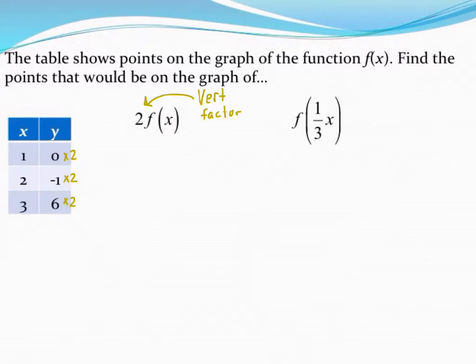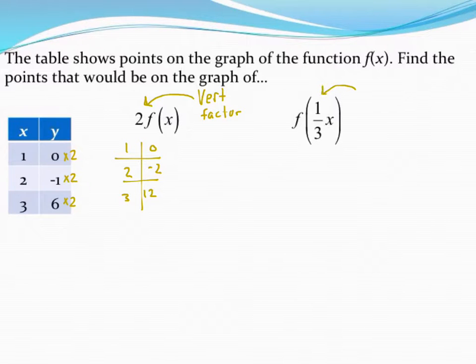So if I made my new table, my x values will remain unchanged, so 1, 2, and 3, but my y values have now been multiplied by 2. So, well, 0 would stay 0, but then -2 and 12, and this would have the effect of stretching the graph 2 times as tall.